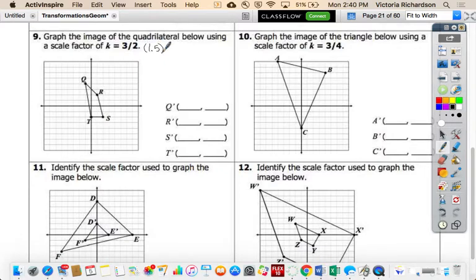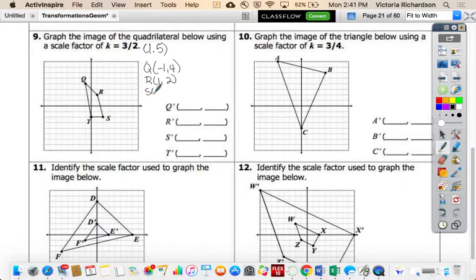So once again, first thing I'm going to do is find my original ordered pairs. So Q is right here, and that is -1/4. R is 1/2.